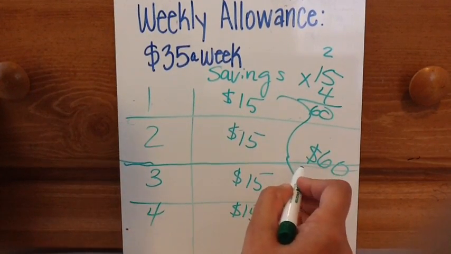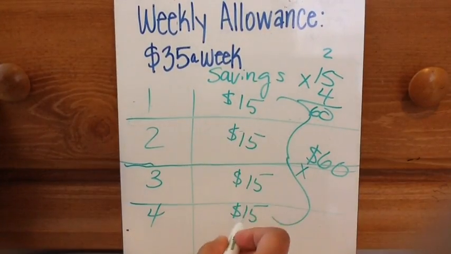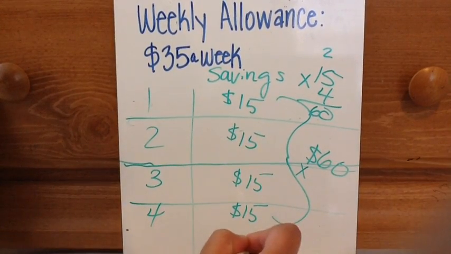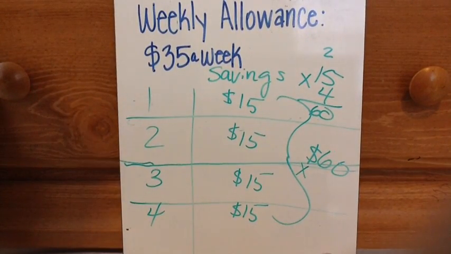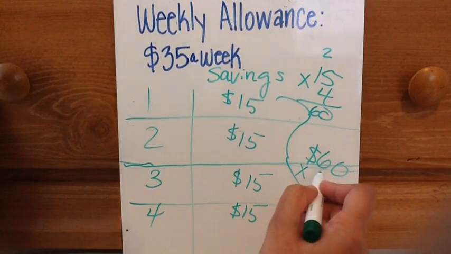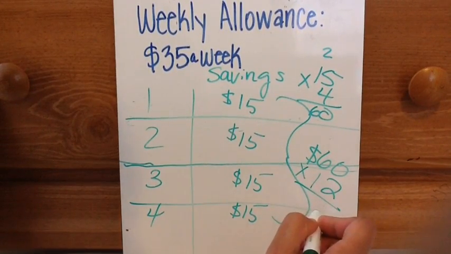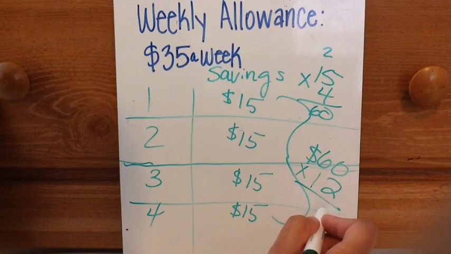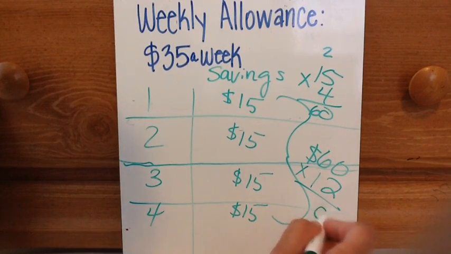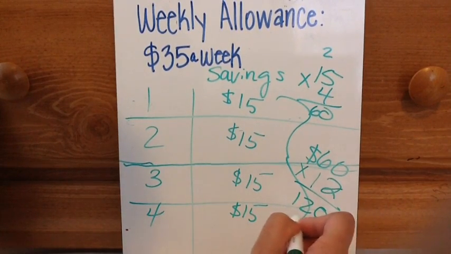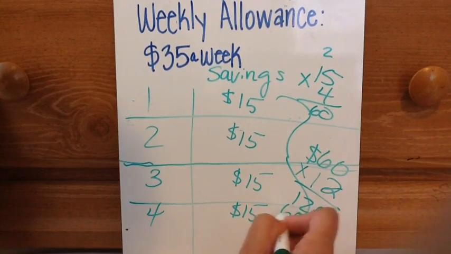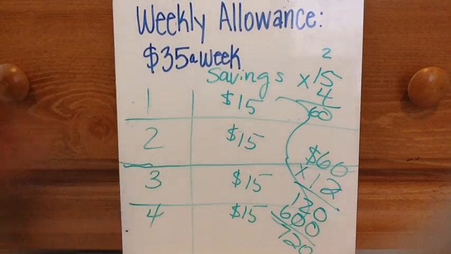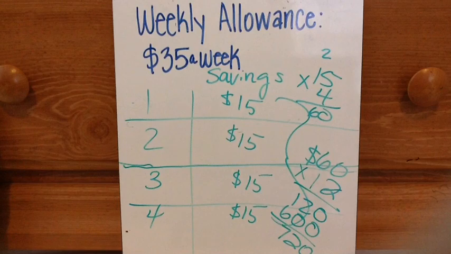So if you saved $60 after 4 weeks, which is, let's just equivalize that to 1 month. So 12 months, if you do that, okay, wait, I just complicated this. Let's do it, okay. $720 after 1 year.